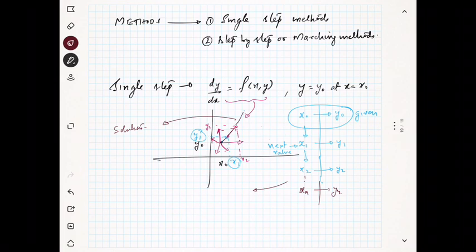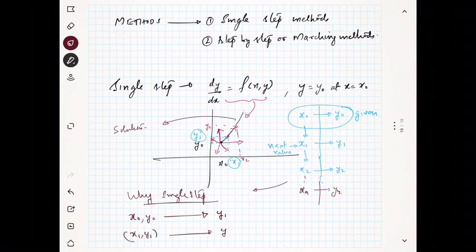And why are we calling this single step? Because we use x naught and y naught to calculate y1, and we use x1 and y1 to obtain y2.